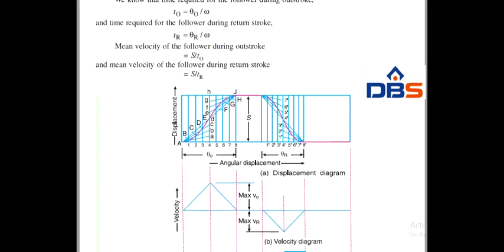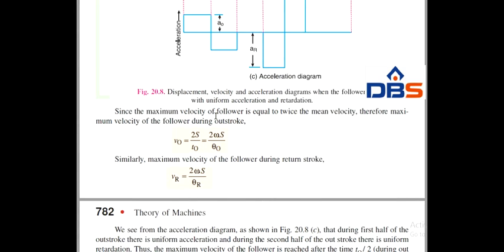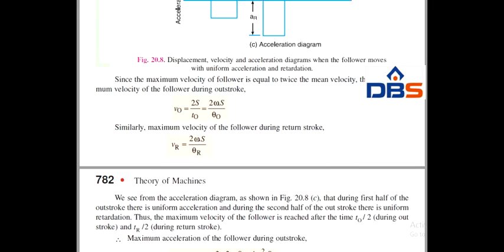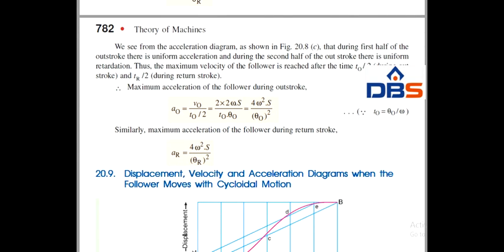Based on these formulae, we calculate the maximum velocity of the follower in the outward and return strokes. Similarly, we also find the maximum acceleration during the outward stroke and during the return stroke.